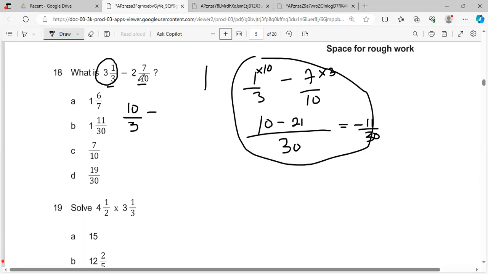Then multiply 2 times 10, that's 20 plus 7, 27 over 10. And then now we find the LCM, which is 30.